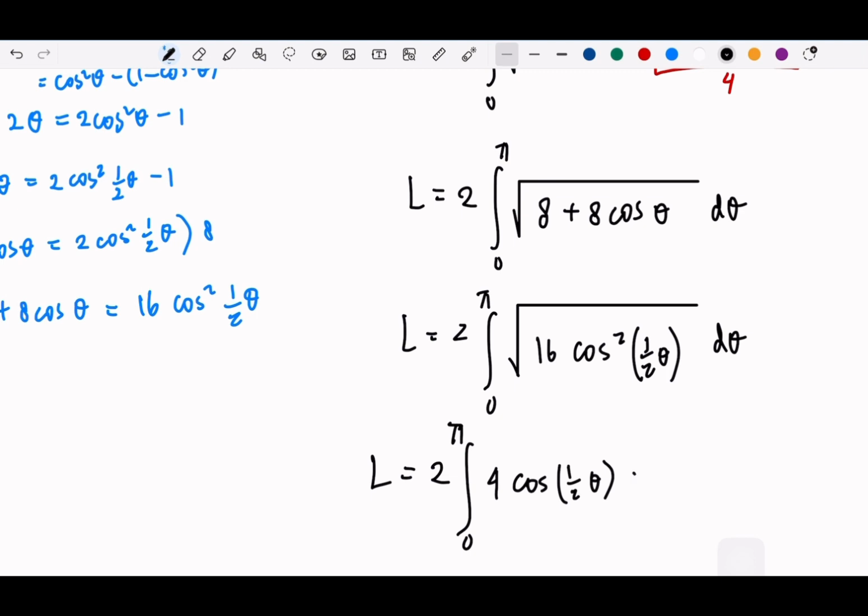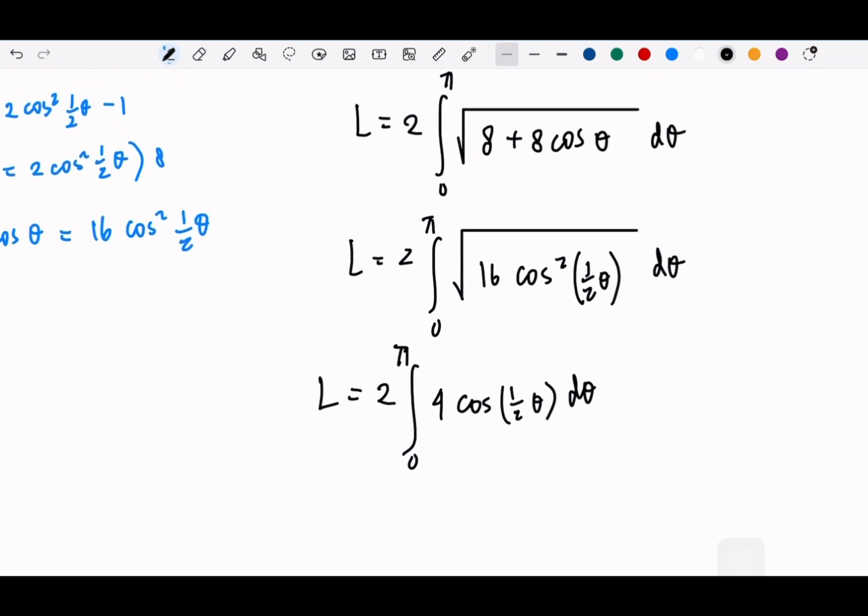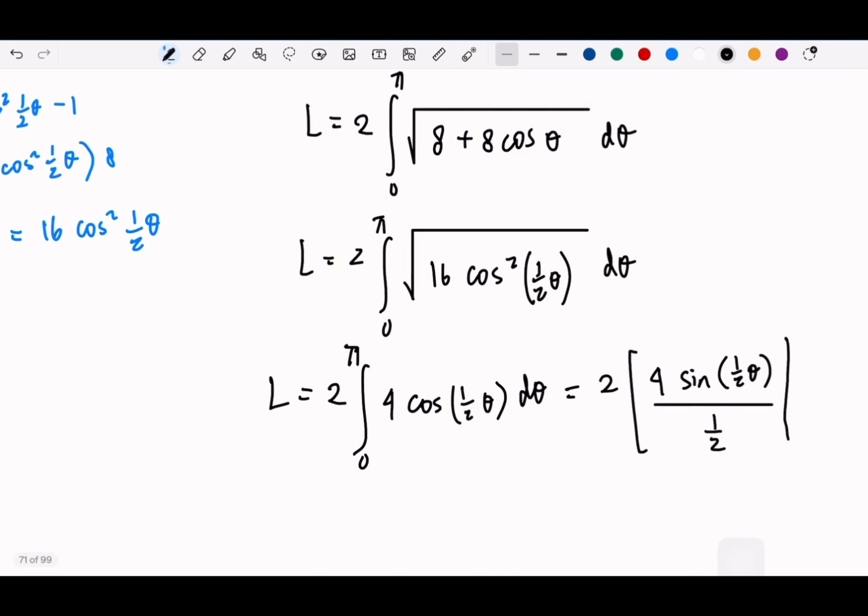Okay, I think it's clear. And then finally we integrate. So the integral becomes 4 sine half theta, and we need to divide by half, right? We evaluate from 0 to pi.